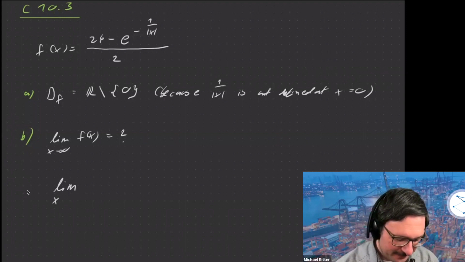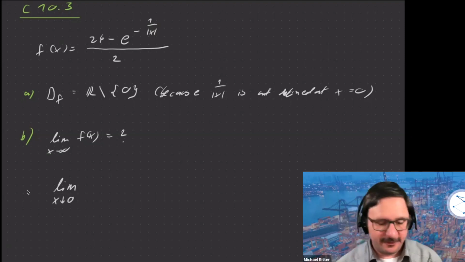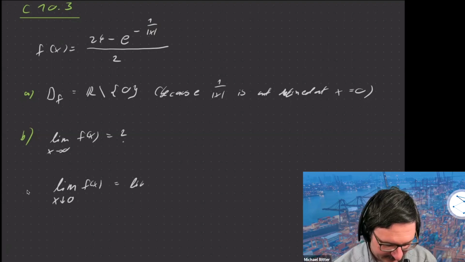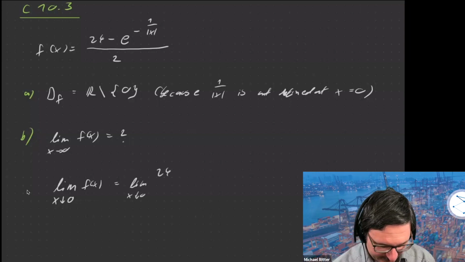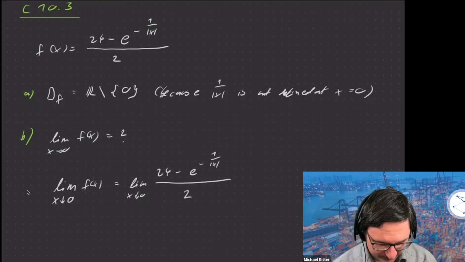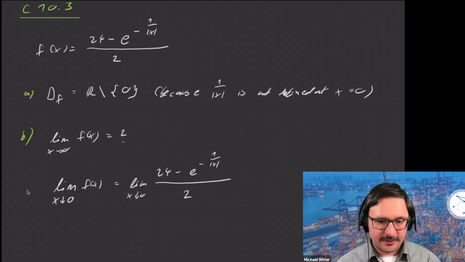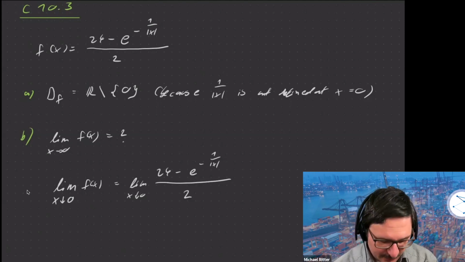Okay, so let's try to compute the limit from above first. That is the limit as x tends to 0 from above of 24 minus e to the minus 1 over the absolute value of x, over 2. Now, as x approaches 0 from above, we know that x is positive.